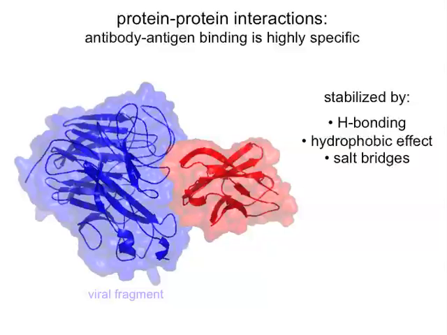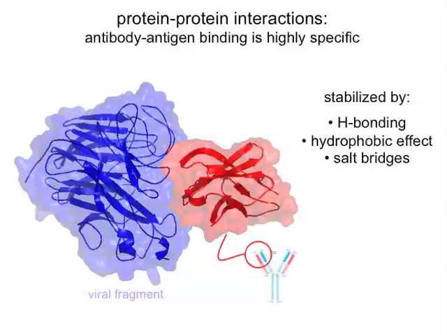These are highly specific interactions, and in this case I'm just showing you a viral fragment interacting with a fragment of an immunoglobulin, and this would be the hypervariable region of that antibody, for example. These interactions are stabilized by hydrogen bonding, hydrophobic effects, salt bridges, so electrostatic interactions of many flavors. Again, only showing you here how intimate those interactions really are.